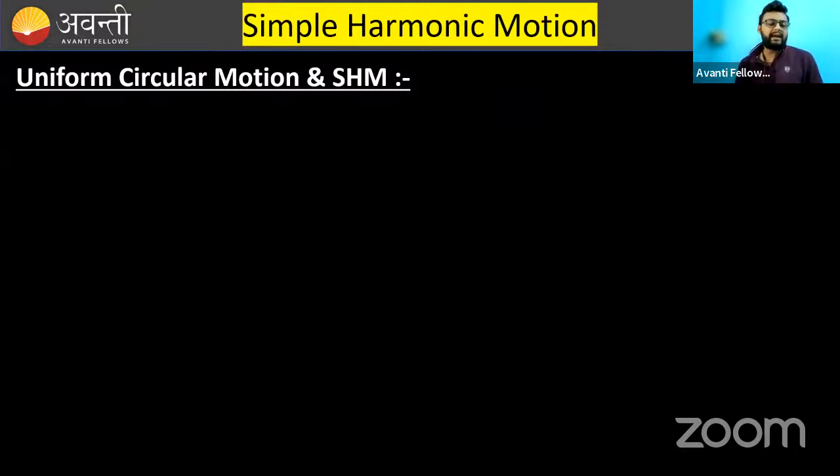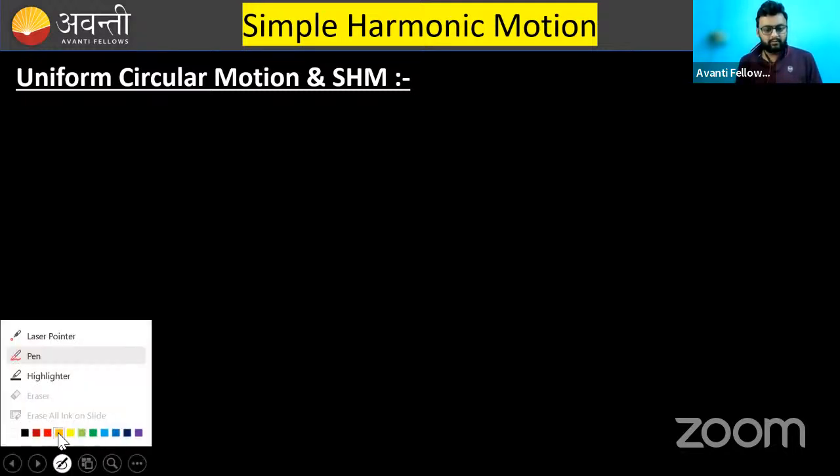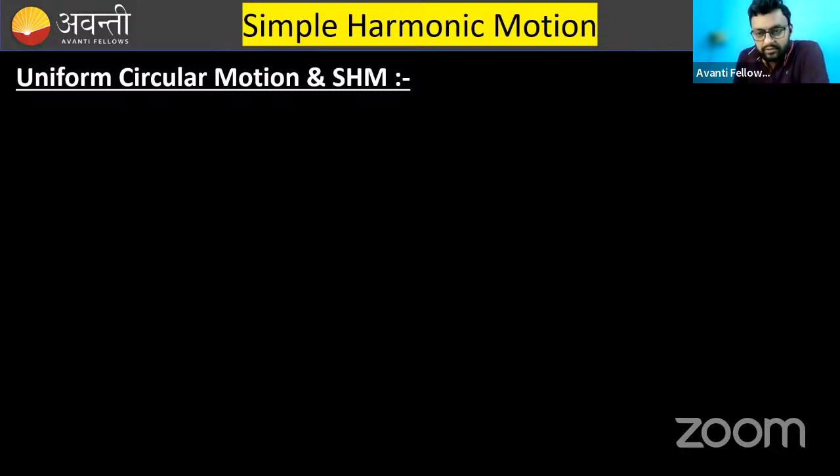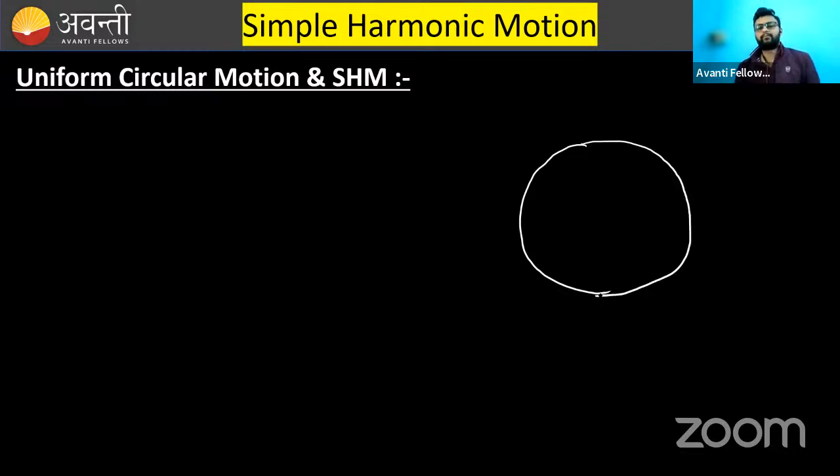Uniform circular motion and SHM. Now again look at that. Have a look at that. Let's suppose a particle is moving in a circular path, like this.